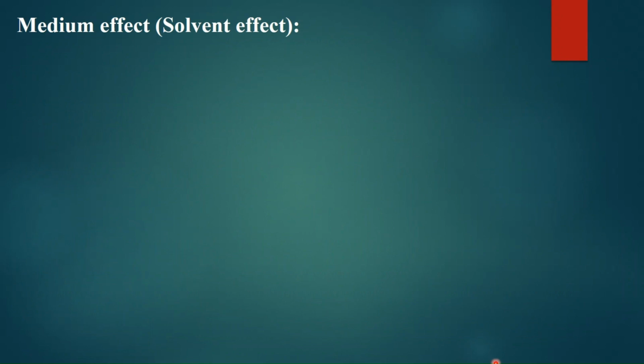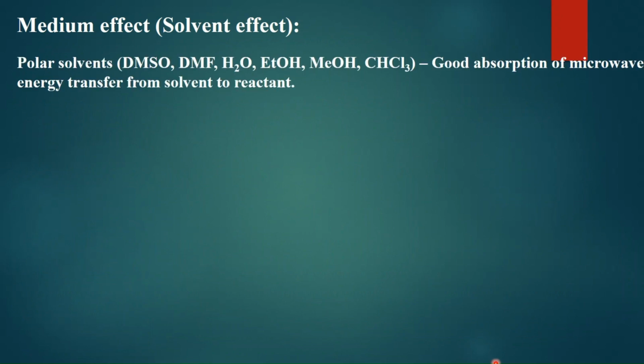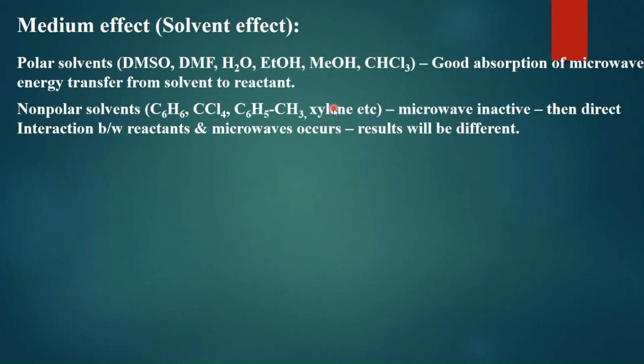The solvents which we use are generally polar solvents like dimethyl sulfoxide, dimethyl formamide, water, ethanol, methanol, chloroform, etc. These polar solvents have good absorption of microwaves as they have polar ends, which align along with the microwaves in the electric field, and with the changing electric field that increases the friction, and from these solvents the energy is transferred to reactants.